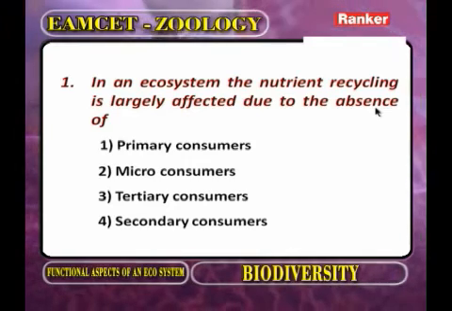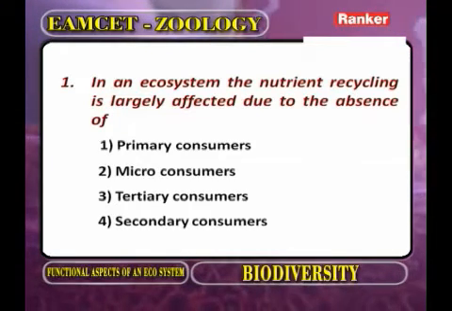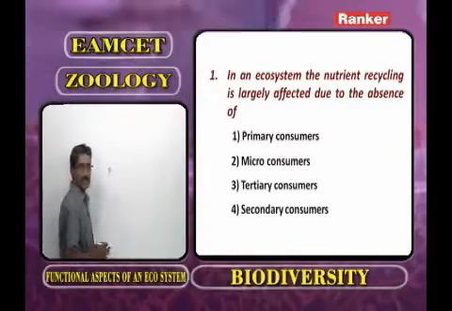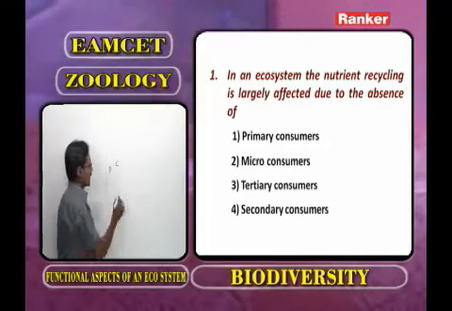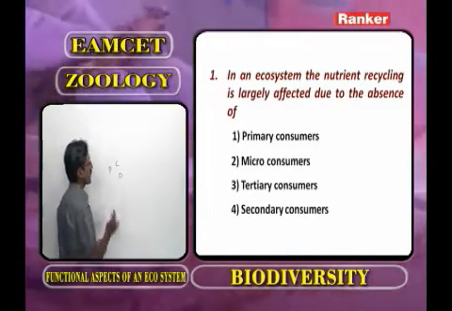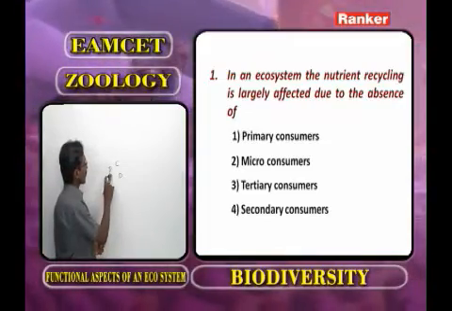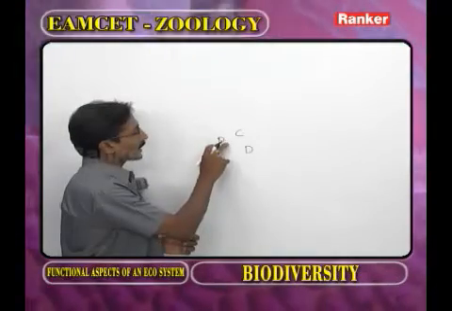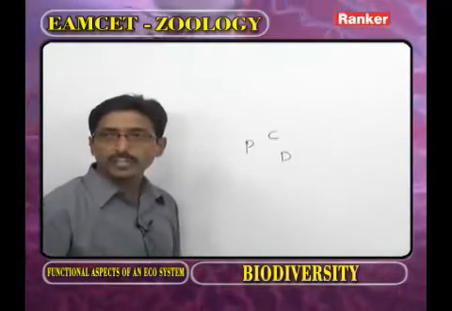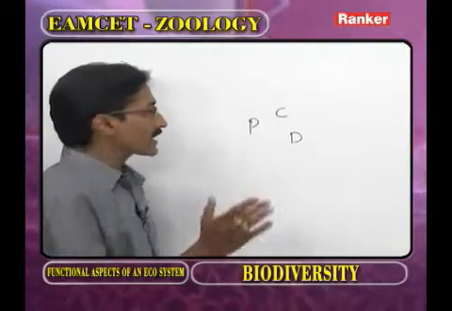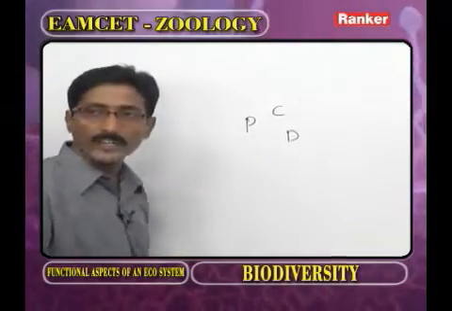Now, as we observe in an ecosystem, the first one we call the producers, the second one we call the consumers, and the third one we call the decomposers. Now, the producers prepare their own food materials. What are the producers? One example is green plants, and the second example is phytoplankton.